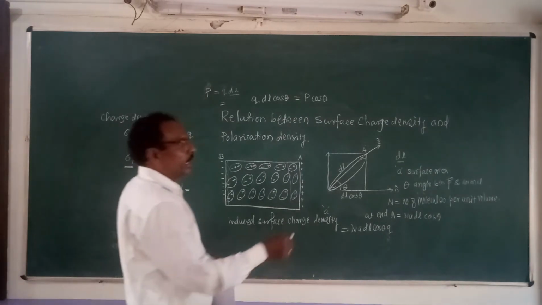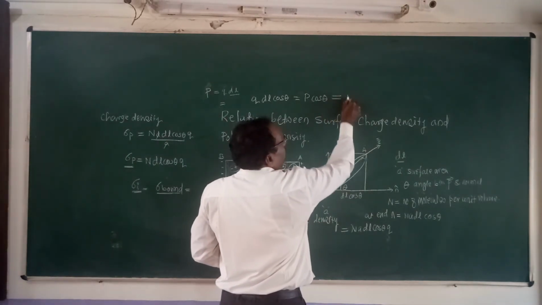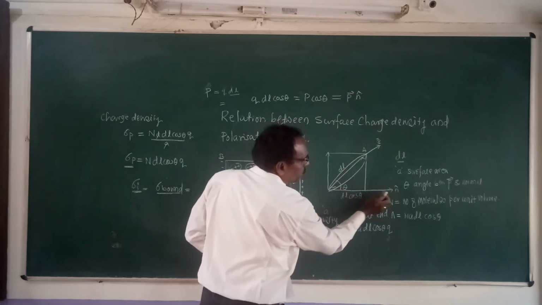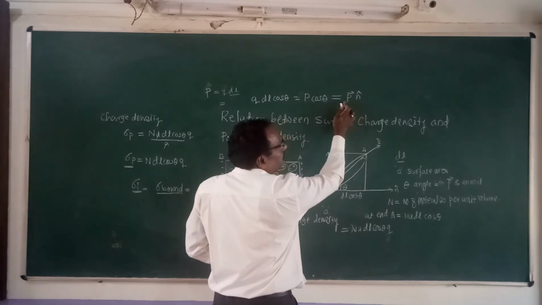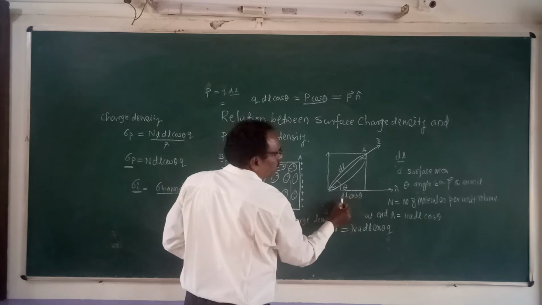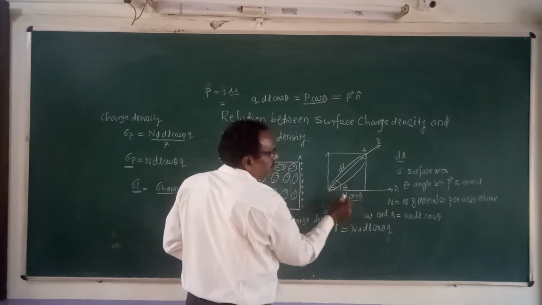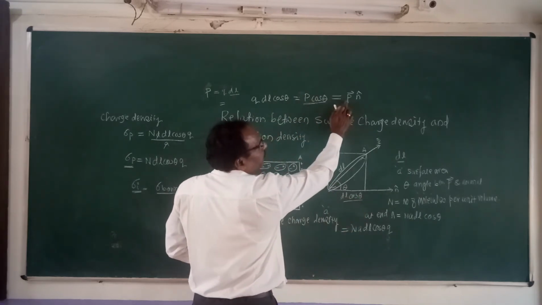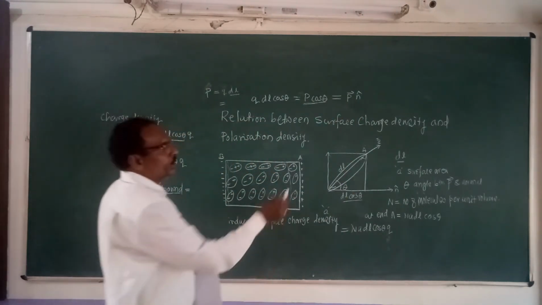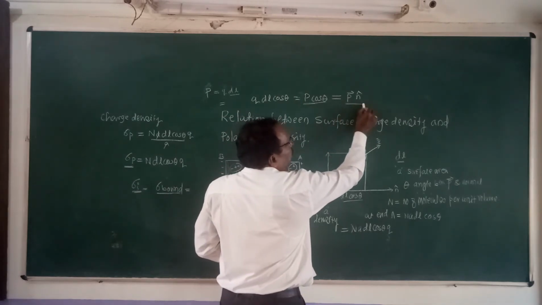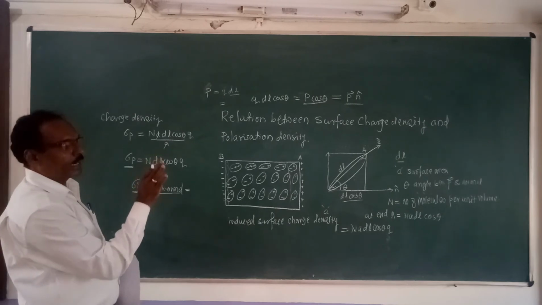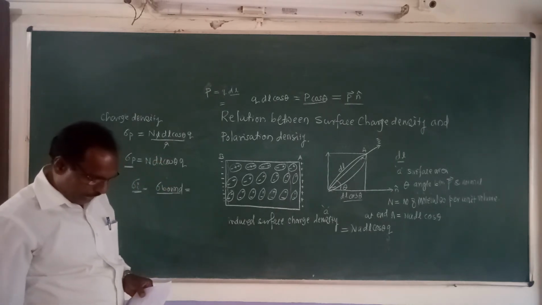When we take its direction, that is a vector P and the unit vector normal, we take the normal component, P cos theta. So this gives the total polarization density vector, both in magnitude and direction.